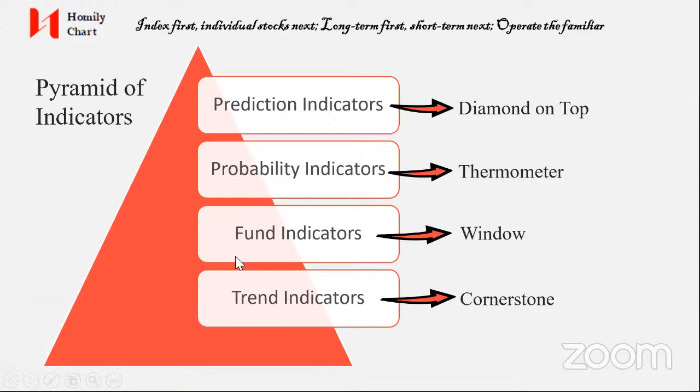By checking the fund indicators, you can know. For example, we have learned Multicolor Dragon, right? So for Multicolor Dragon, we always say, by checking Multicolor Dragon, you will know the big boys, how much big boys there, how much retailers there.